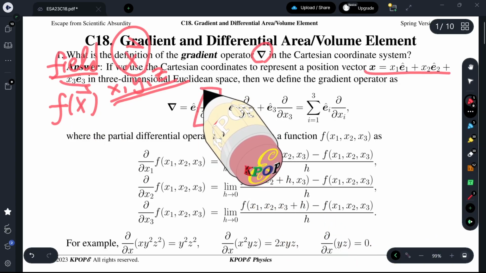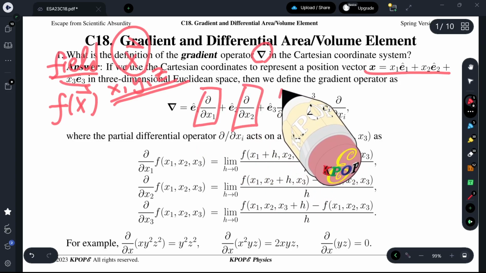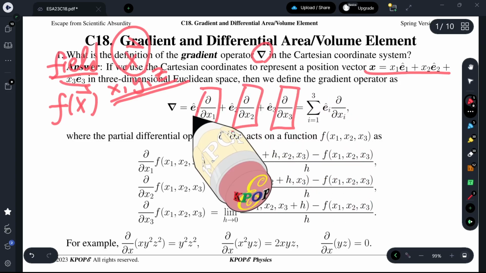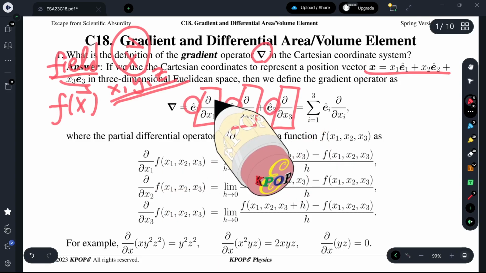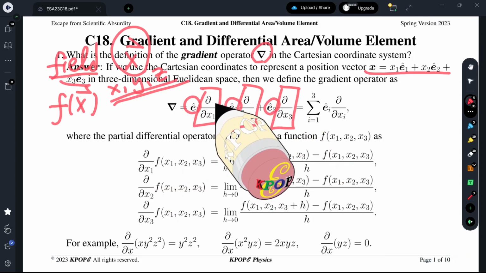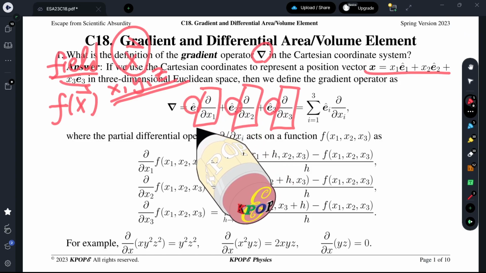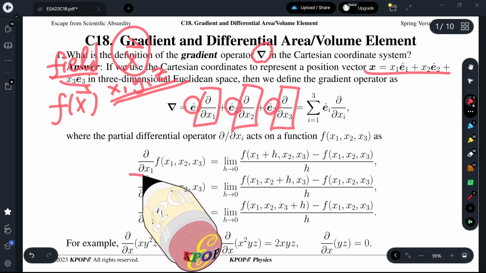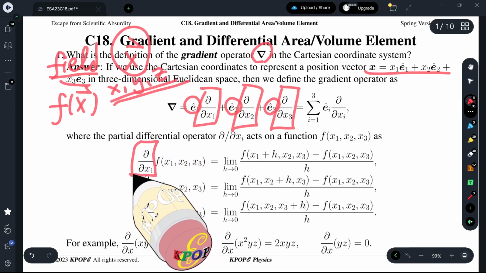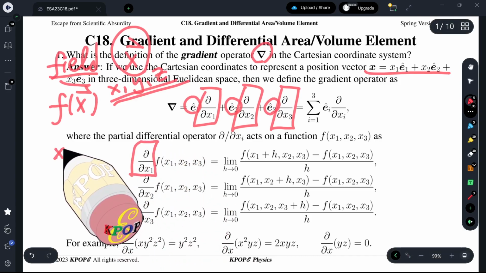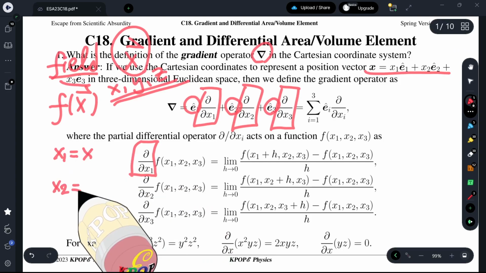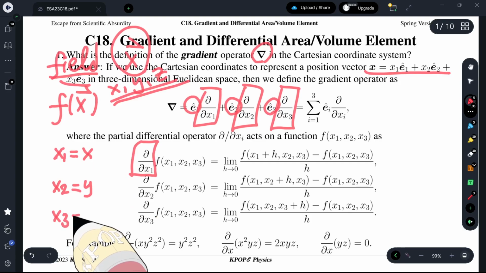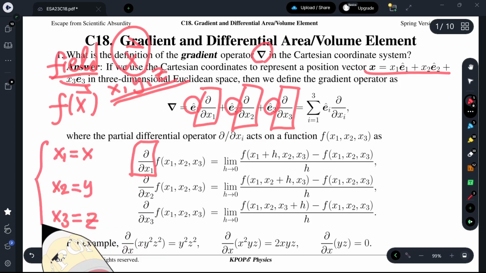The differential operators that are attached to the unit Cartesian basis vectors are partial differential operators. This means partial differential operation with respect to x. Here x1 represents x, x2 y, and x3 z, the 3 Cartesian coordinates.